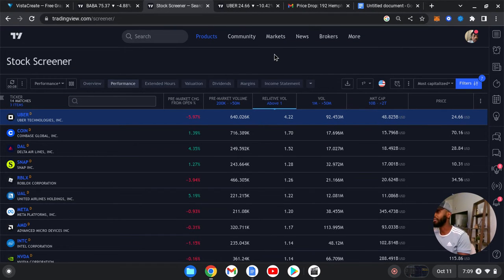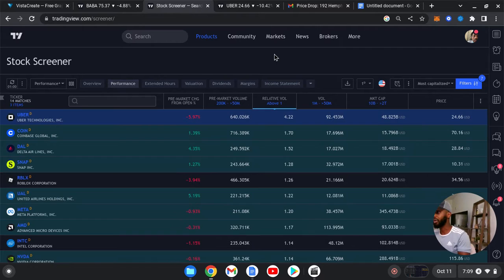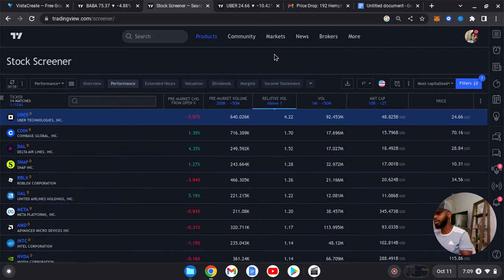So even before the market opens up, I can look at my direction and make a game plan. And then I have pre-market change from open percent. That's not super important, but we can just see how much the stock changed from the open.